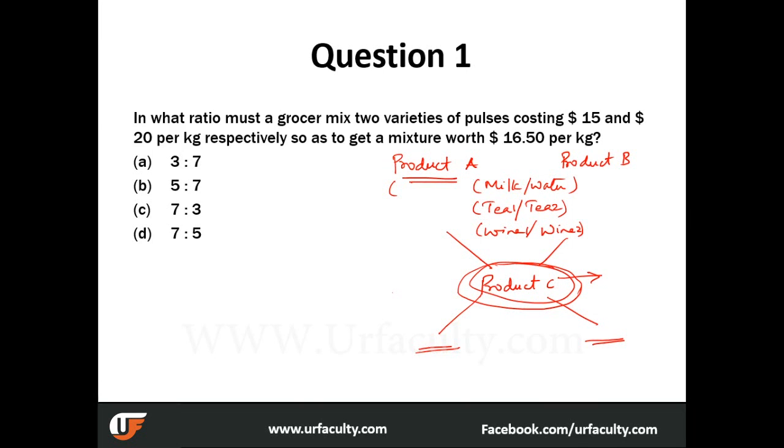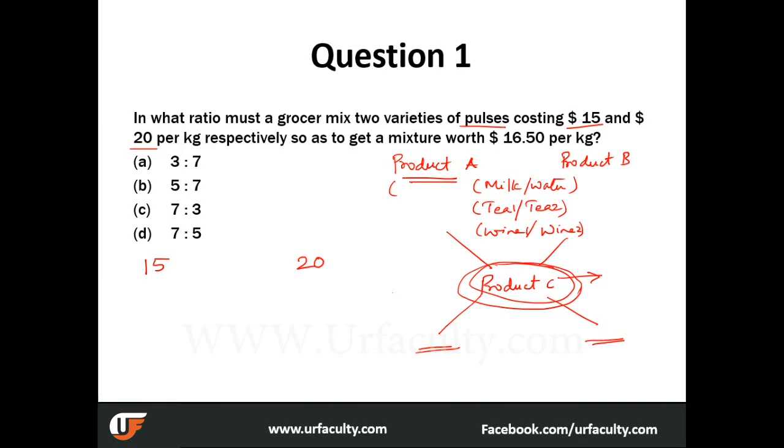So we are given two varieties of pulses, right? One costing 15 and the other costing 20. There's nothing else to think about. There are two quantities and we know that quantity 1 is 15 and quantity 2 is 20, right? And what have they done?